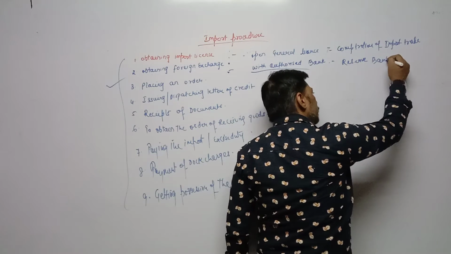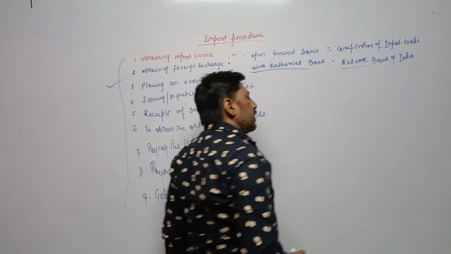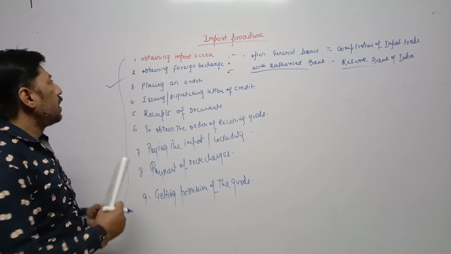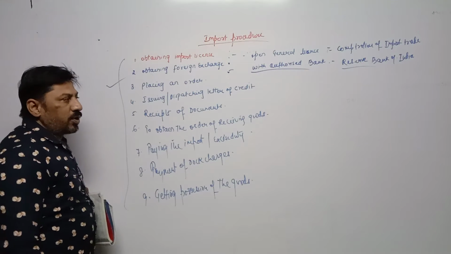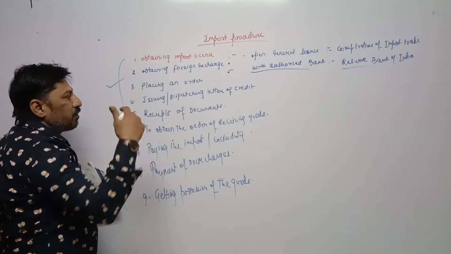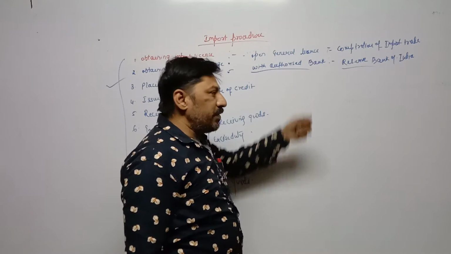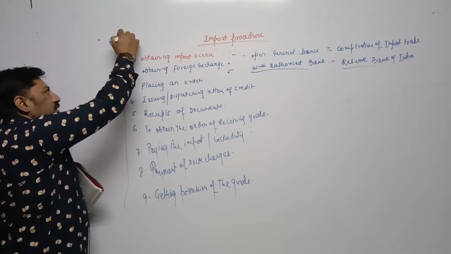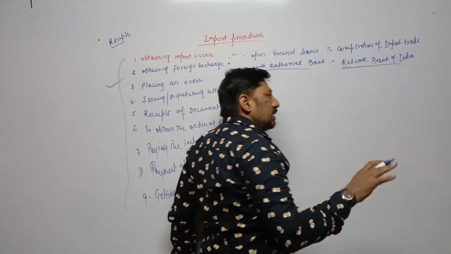We have to mention the amount in the application, up to what amount we are importing goods from foreign companies or foreign country. Then we give application along with required documents with authorized bank. For example, SBI, State Bank of India, they will issue an acknowledgement, that is called receipts. And then we have to submit these receipts with RBI. Then RBI will give final permission, or they will sanction.